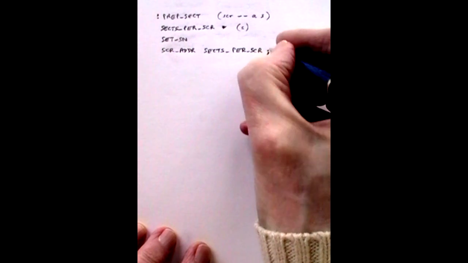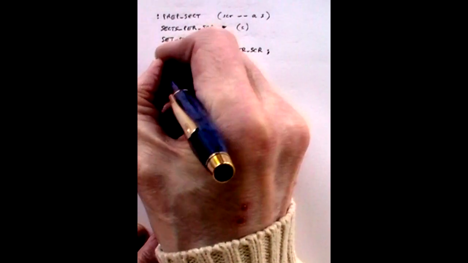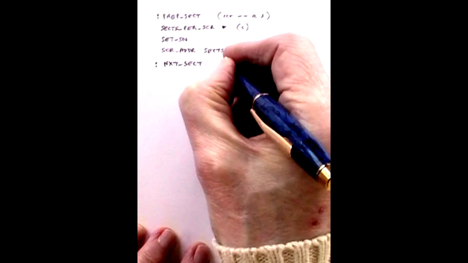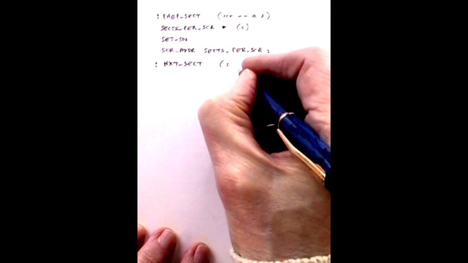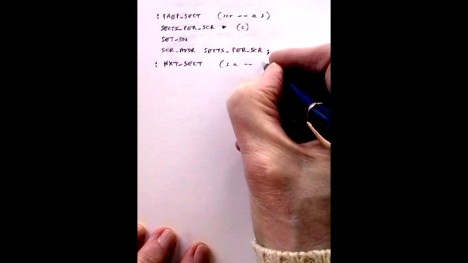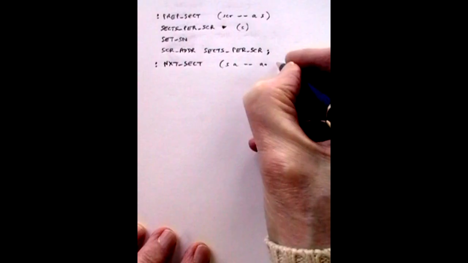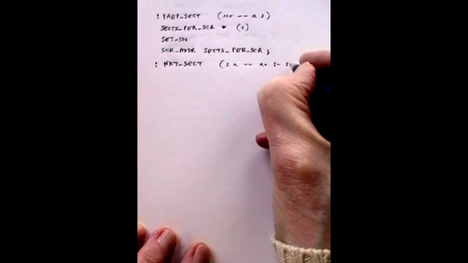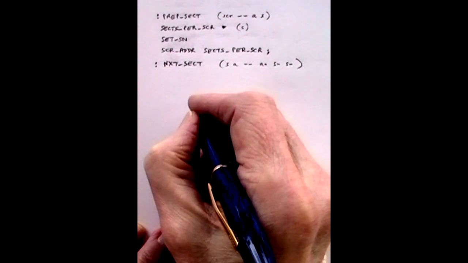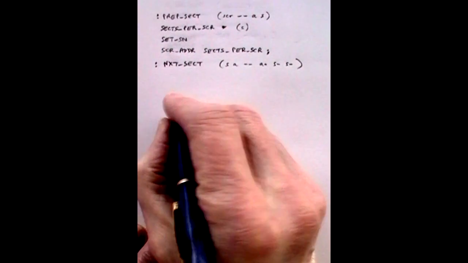So that's the prep word, and then the other word I've got is next sector, which takes the sector count and the address, and returns an incremented address and a decremented sector counter duplicated. This might be messier than it needs to be, but that's how I've done it.